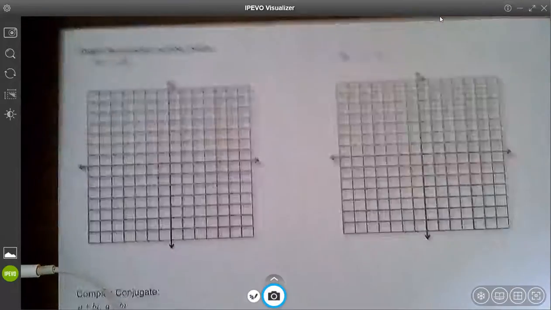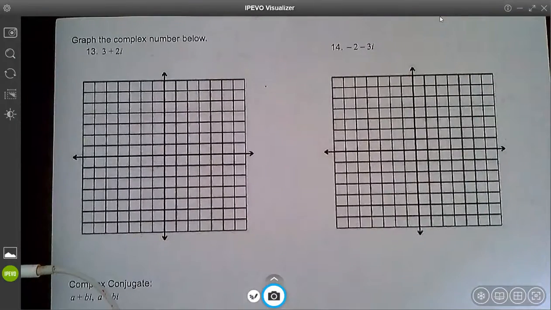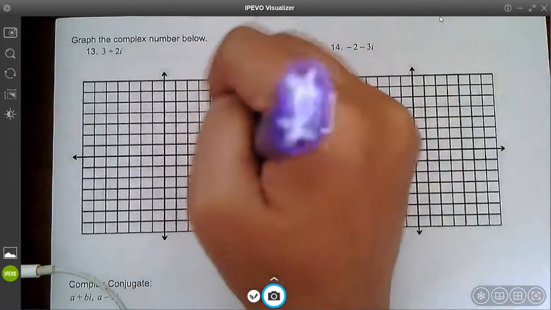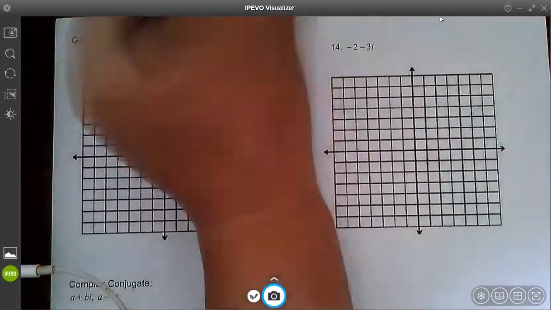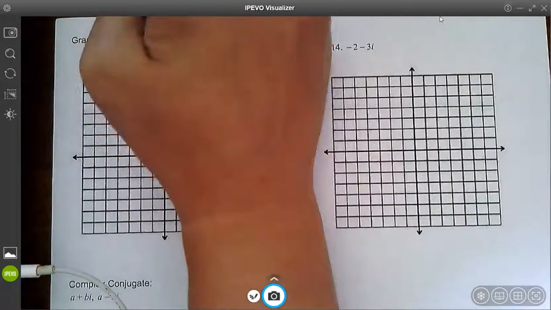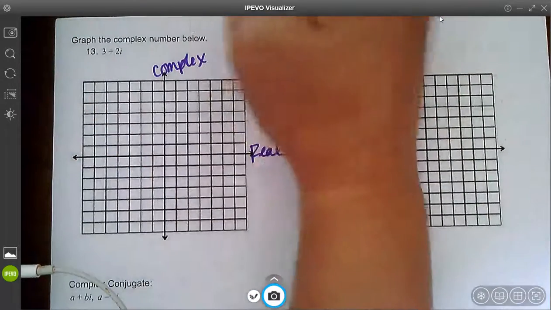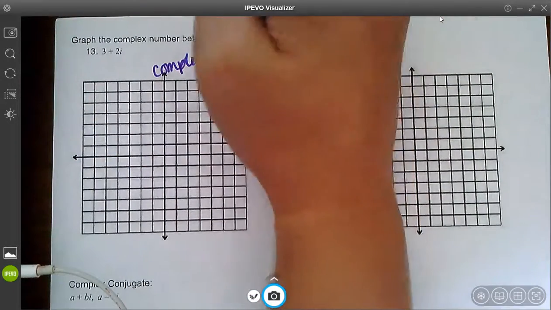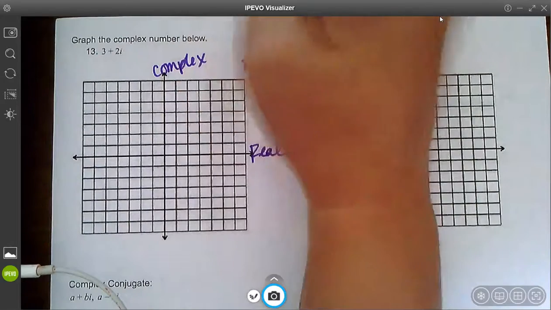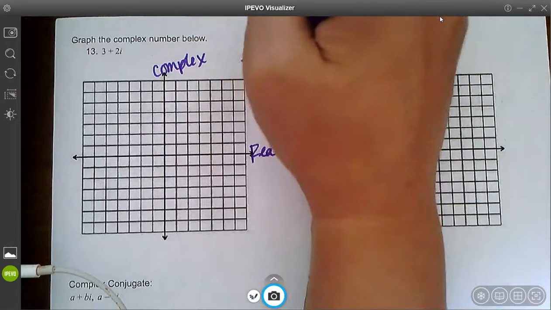On the back, we're going to graph. Graphing is super easy. It's just a different type of grid, really, because our x-axis becomes our real axis, and our y-axis becomes our complex axis. So they're always written in a plus bi, where a is your real, and bi is your complex.